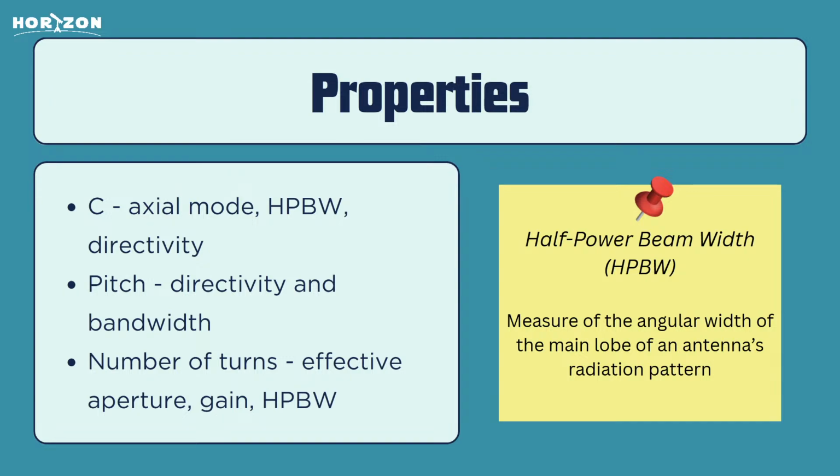The spacing between turns, or the pitch angle, determines the phase difference between turns, and this affects the directivity and bandwidth. A small pitch may result in a lower bandwidth but higher directivity than a large pitch. Increasing the number of turns increases the antenna's effective aperture and its gain. The half power beamwidth varies inversely with N.